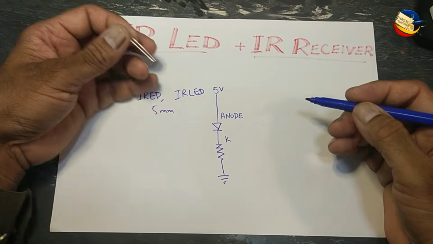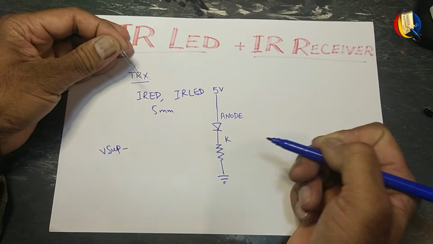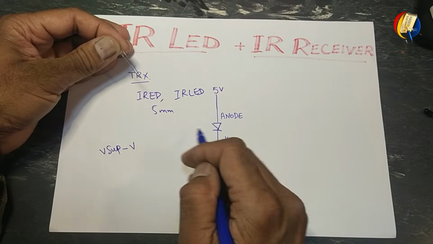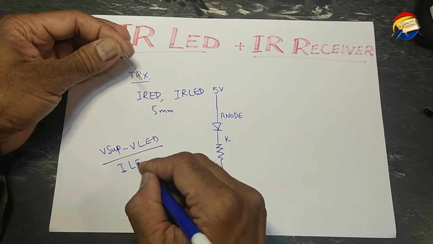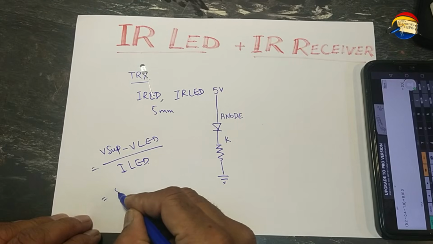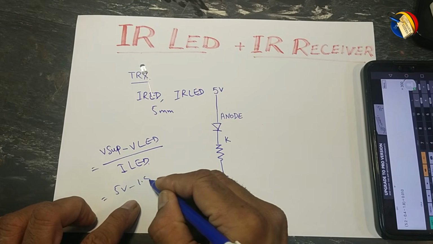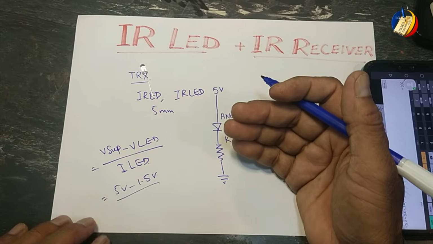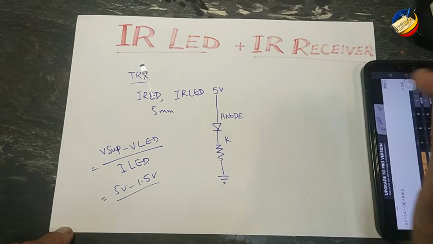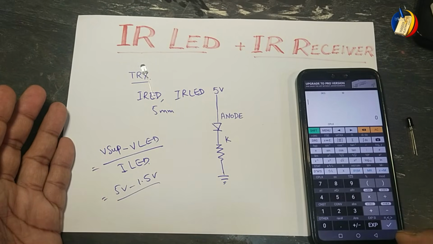What is the resistor value? V supply minus V LED, divided by I LED. I will use a 5 volt power supply, minus V LED, which I will consider 1.5 volts, normally 1.2 volts to 1.8 volts. Maximum current is 100 milliampere, but we will not turn it on at 100 milliampere.